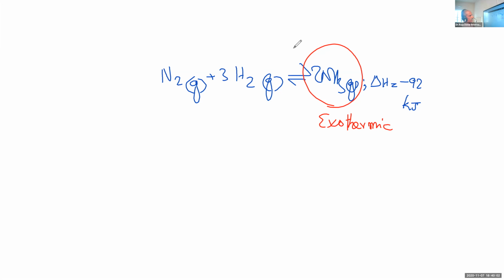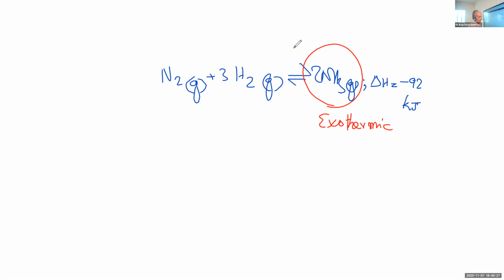So to get a good yield of ammonia, temperature is to be lowered. That is the application of temperature on chemical equilibrium.